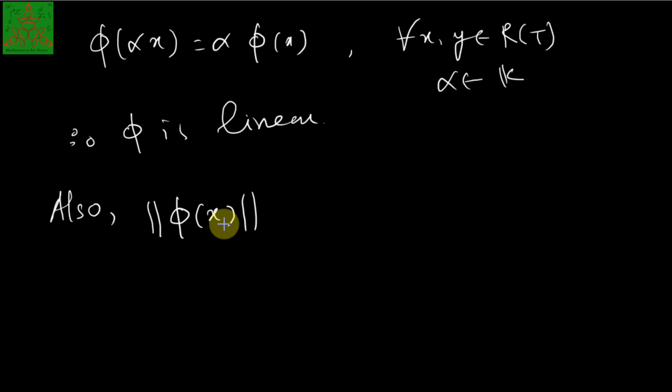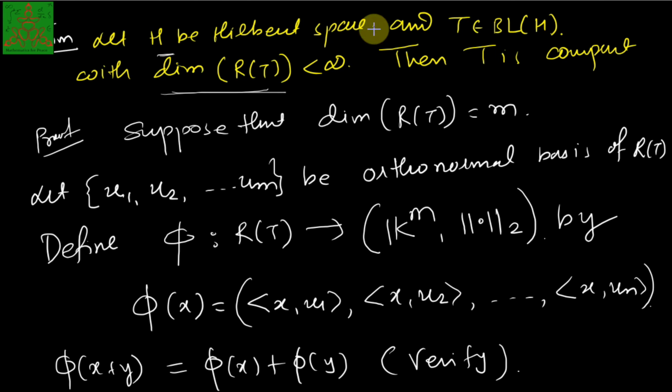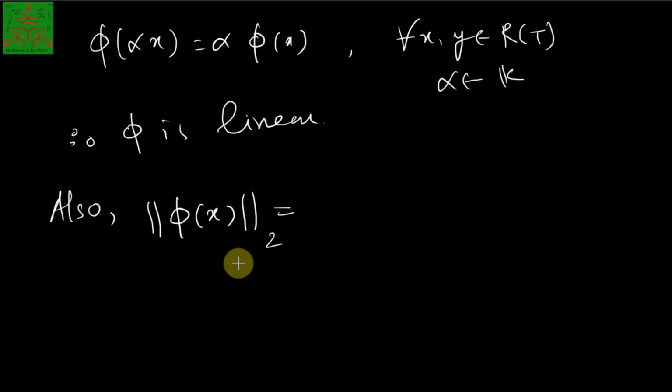Also let us observe what is the norm of phi of x. So phi of x is in the codomain, where a 2 norm is there, so I can write the 2 norm of that.